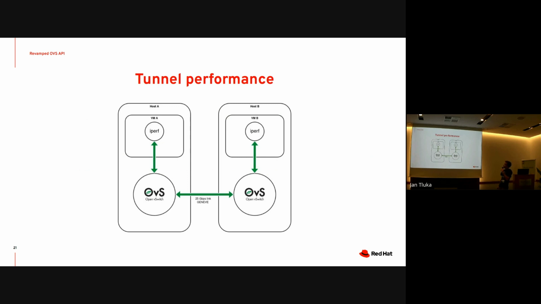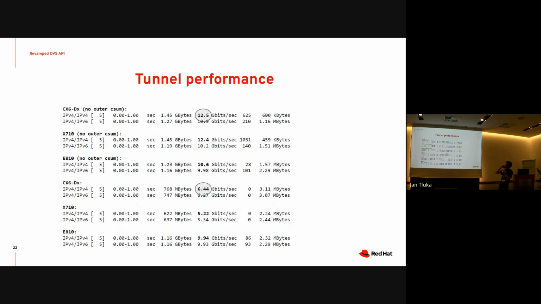Yeah, some numbers with 3.6. So I did two sets of numbers here. First part is with, so it's all IPv4 Geneve tunnels. The first part is with no UDP checksum on the tunnel header, so we can get that with the usual NICs.